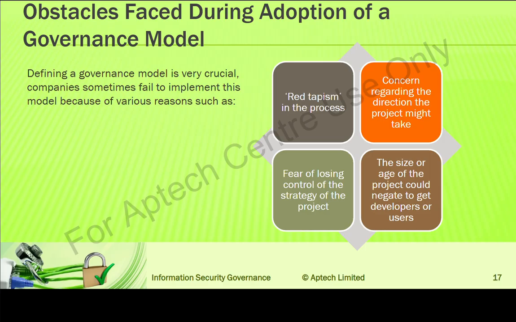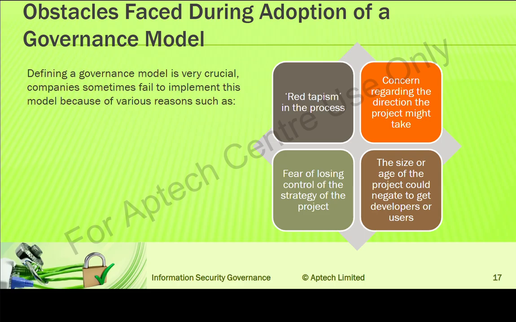Another is concern regarding the direction the project might take. Maybe you have to lay down a pipeline, and where the pipeline is to pass is going to go through federal housing or state government housing. You know that project has already failed, because they won't allow you to pass a pipeline through the government complex or House of Assembly.